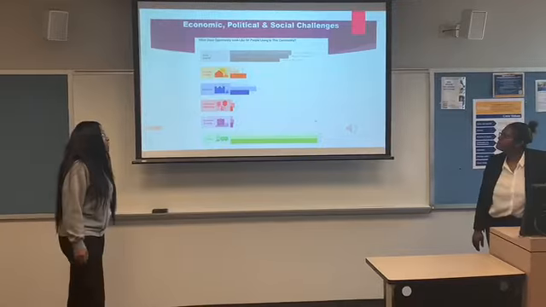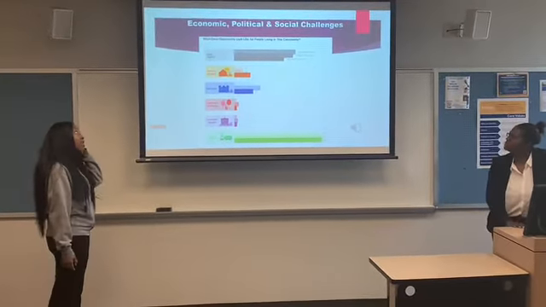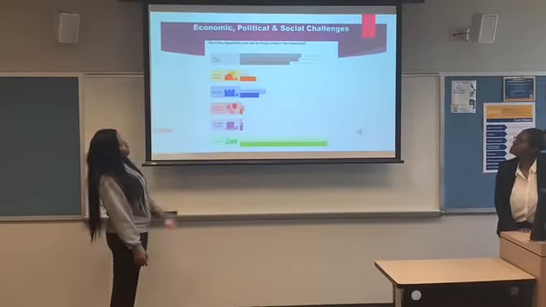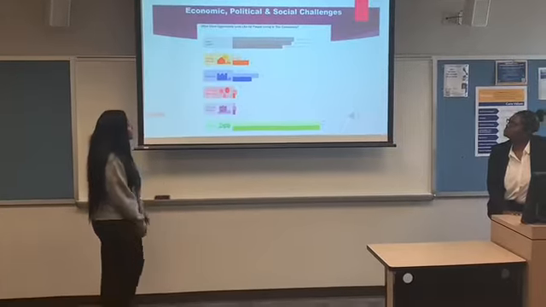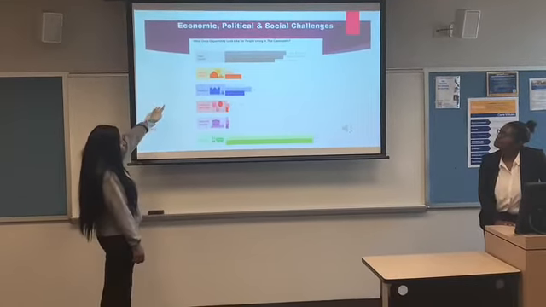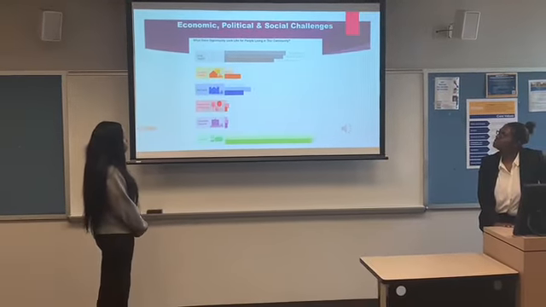All right, so next we dive into the economic, political, and social challenges of the area. This chart is called What Does Opportunity Look Like for People Living in this Community? On the top bar you have the state percentile, the middle bar is the region percentile, and the national percentile is on the bottom.